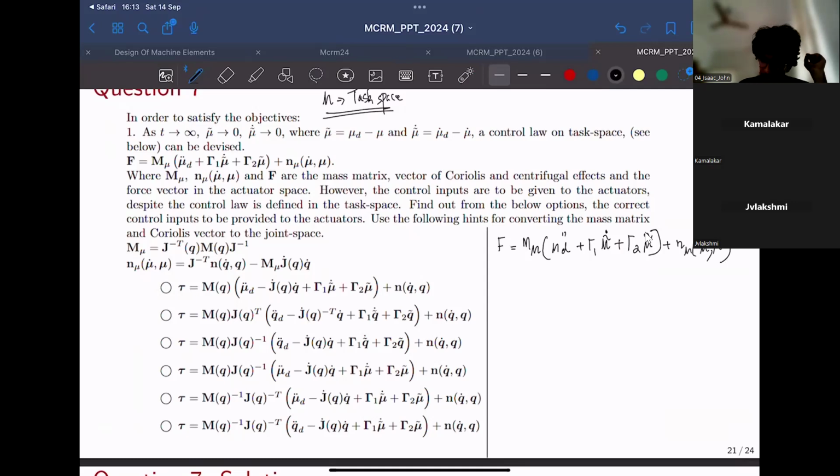Okay, so if I write something like this, instead of this M of mu, if I substitute this equation, what will I get?